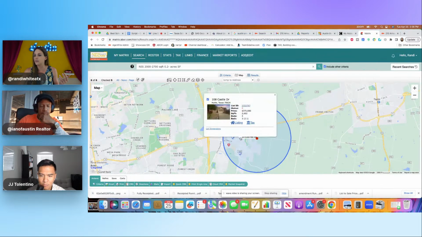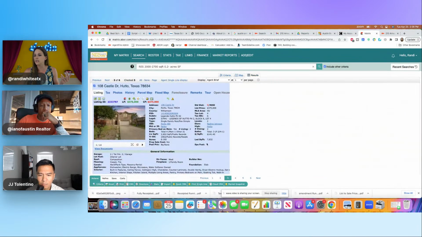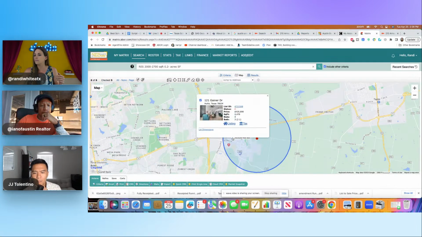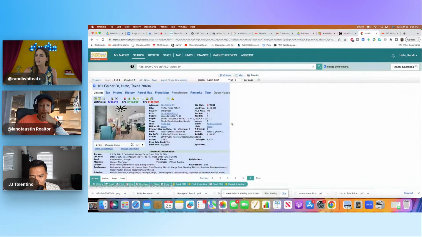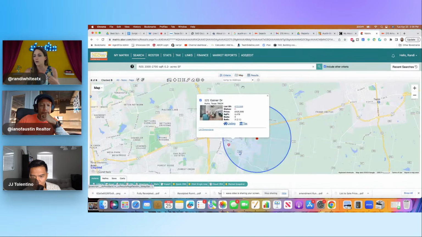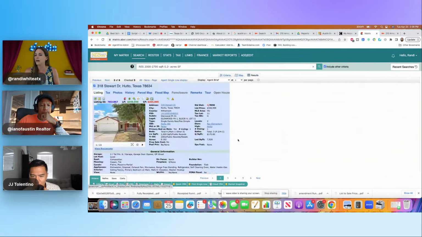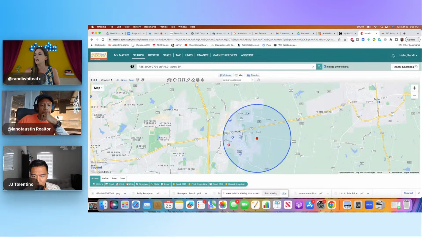So I have one house that's at 2,600 square feet, built in 2002. Then I have another 2,400 square feet, built in 2004. All of these already are rather old compared to my 2021 house. And then we have 2005 at 2,000 square feet.